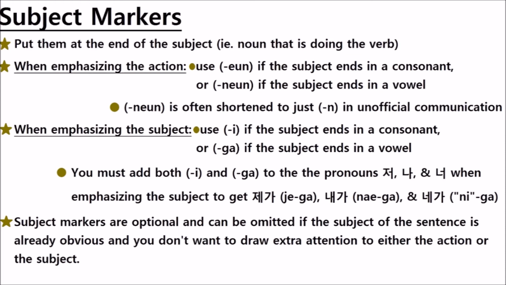You must add both 이 and 가 to the pronouns 저, 나, and 너 when emphasizing the subject to get 제가, 내가, and 니가. Subject markers are optional and can be omitted if the subject of the sentence is already obvious and you don't want to draw extra attention to either the action or the subject.